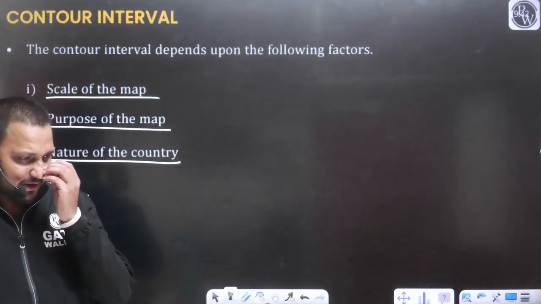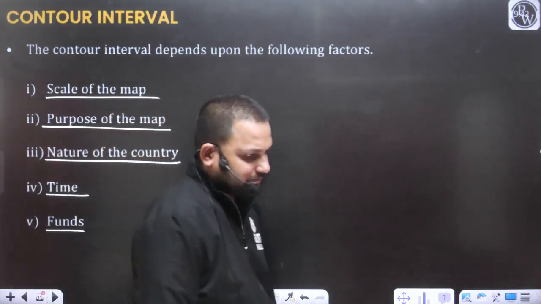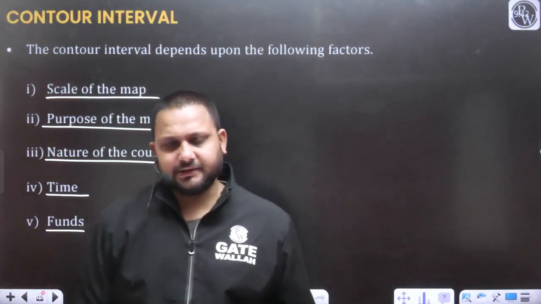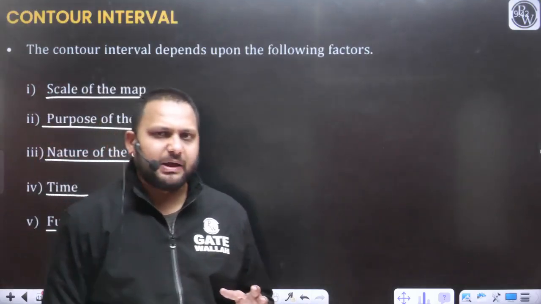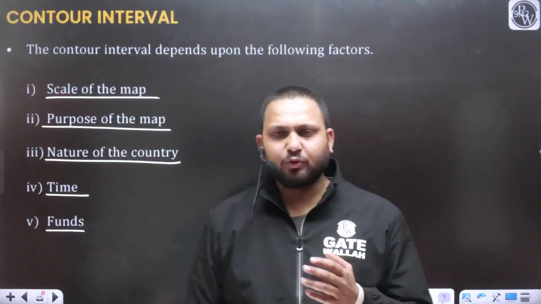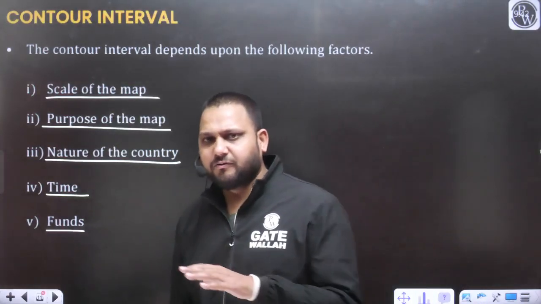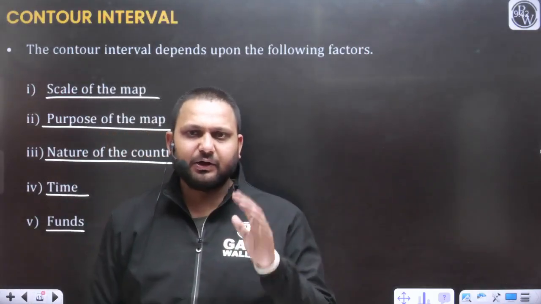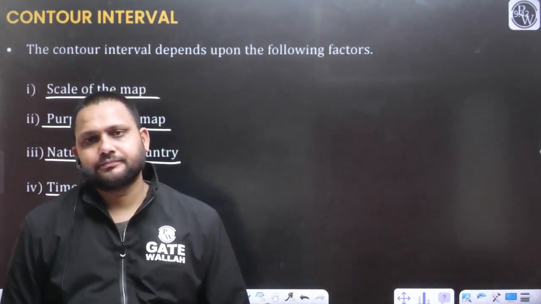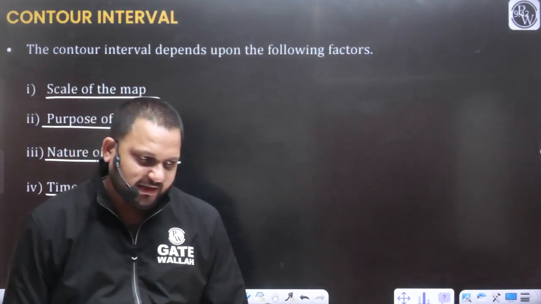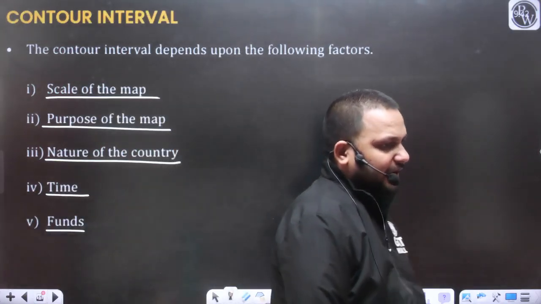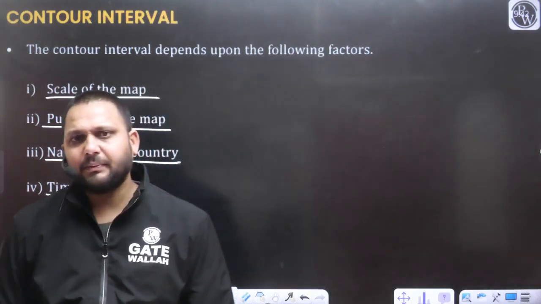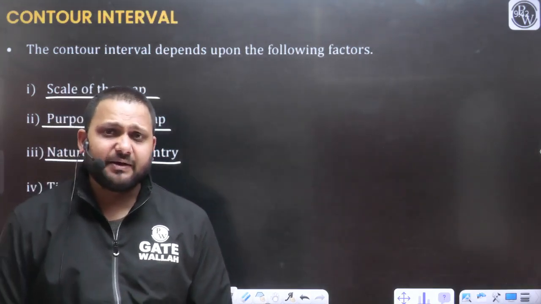Let me ask a very basic and simple question. For any contour map, what is your recommendation? If I want to prepare a contour map, what is your suggestion? Should I take the same contour interval for the entire map, or should I take a variable contour interval?